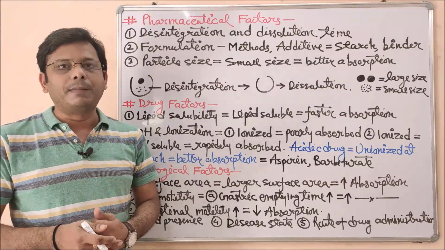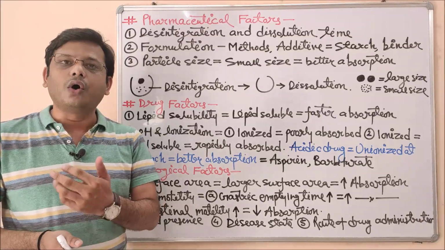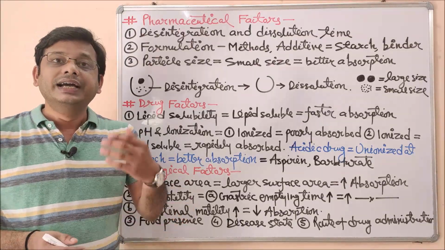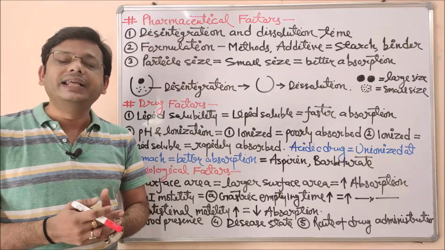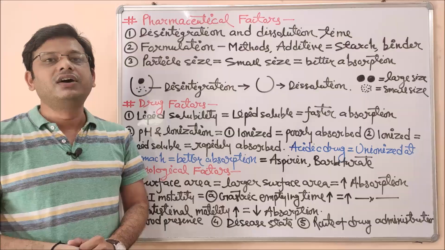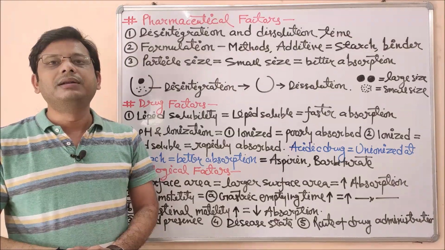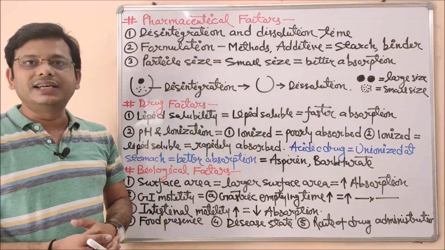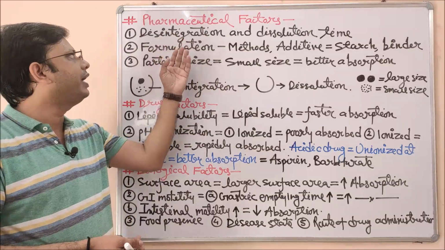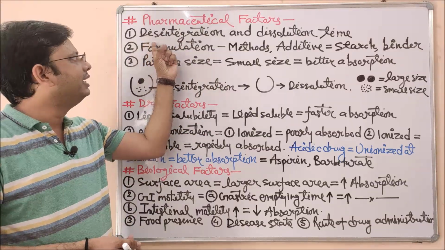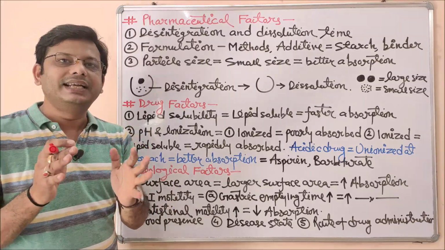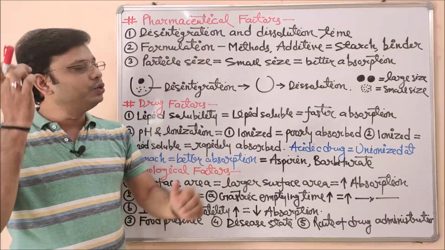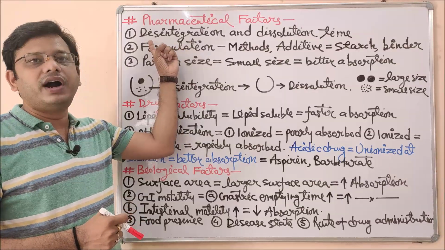In the case of pharmaceutical factor, we have to study all kinds of formulation factors, the importance of additives, their effect on drug release, or any other factor which is directly related to the manufacturing of any suitable medicament. There are so many sub points regarding this pharmaceutical factor. The first and most important is disintegration and dissolution time. What is the meaning of disintegration and dissolution time? In this term, two words are combined.